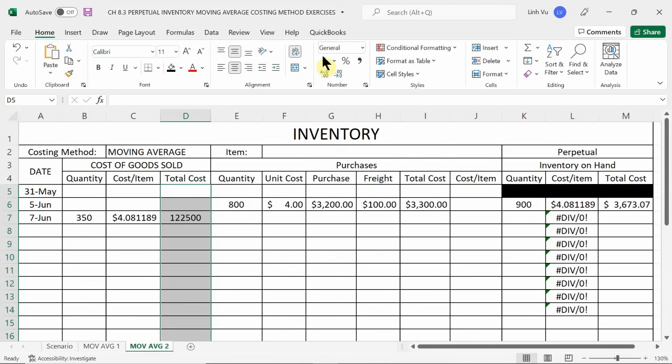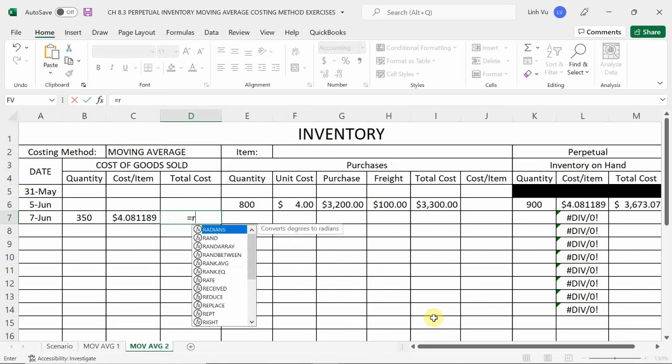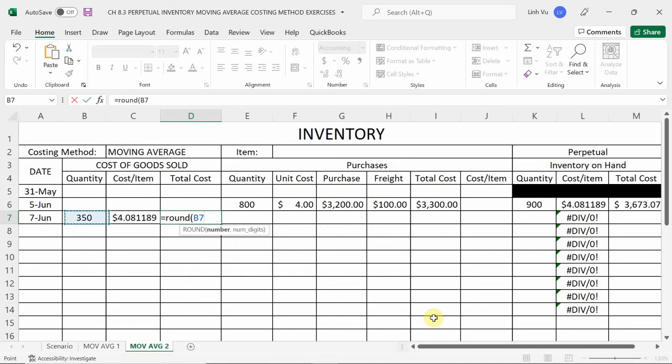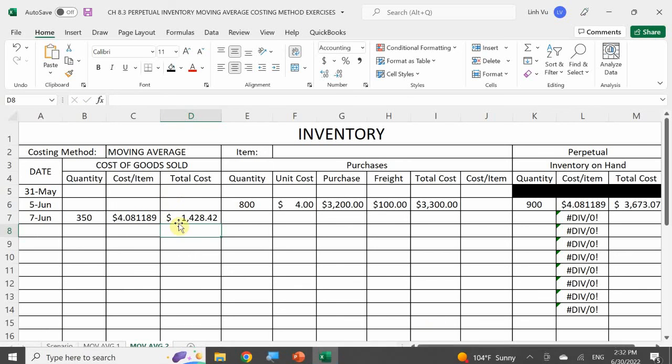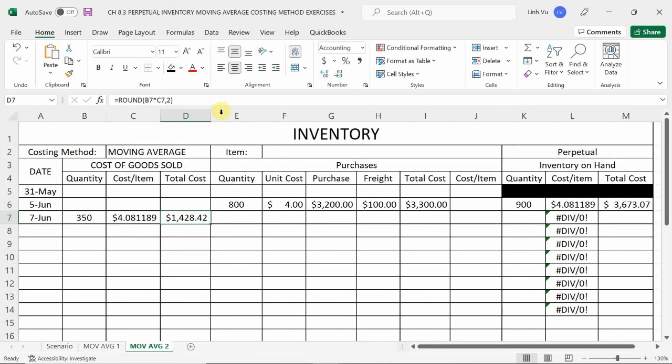Do you say 48 cents? $1,428.42. Okay, I don't know what I did here. Yeah, good. Sorry, I must have made a typo somewhere. Okay, so there you go. 428.42.